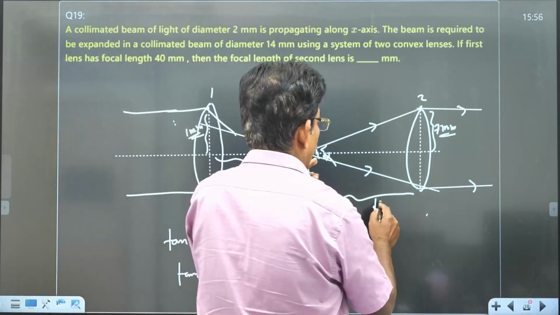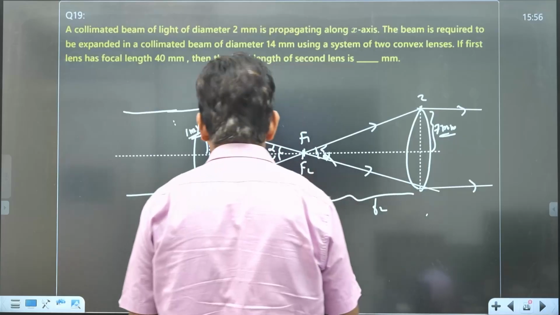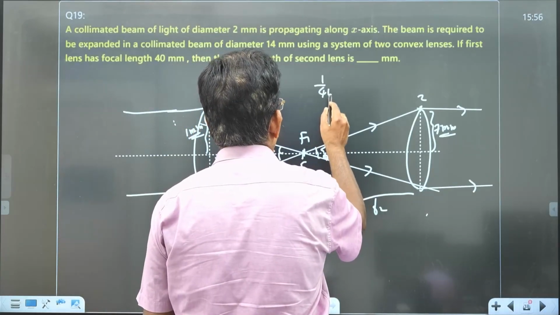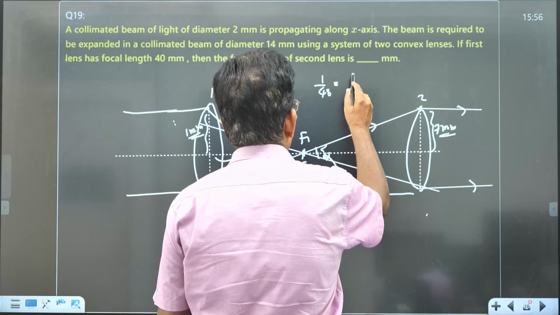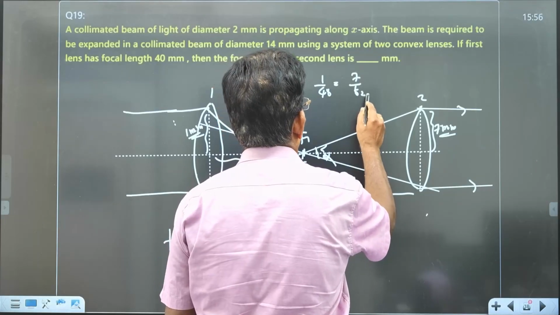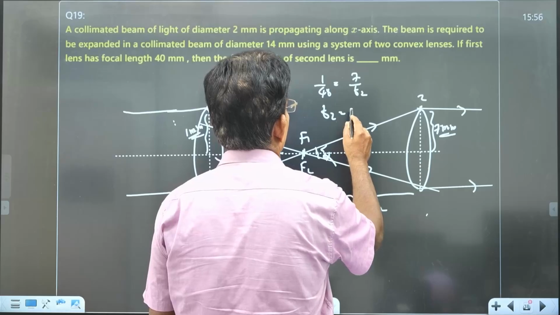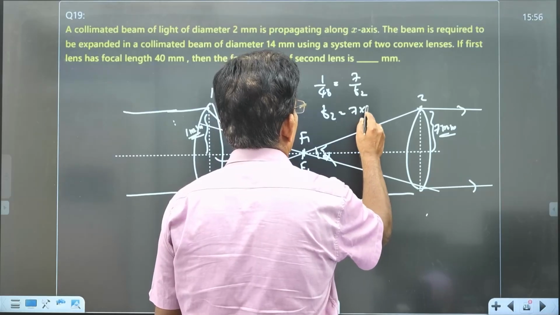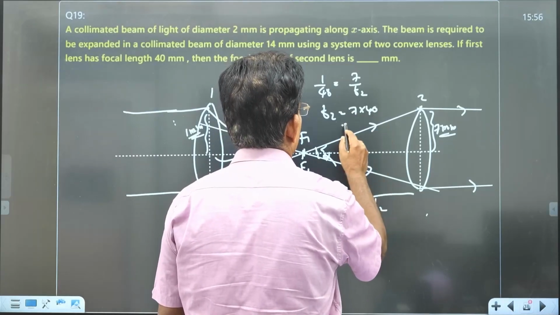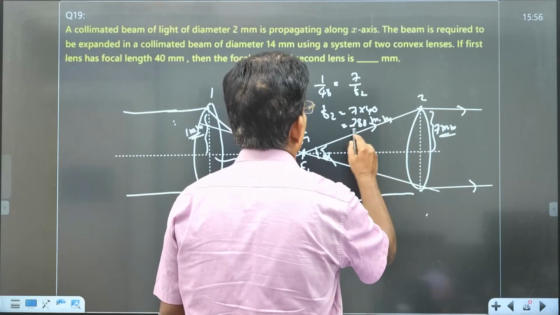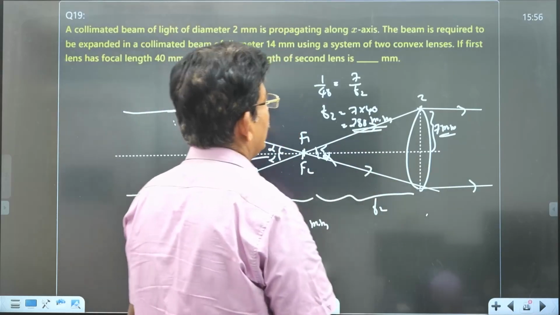Second case, F2 we have to calculate, this is 7 millimeter. Now, equating, 1 by 40 is equal to 7 by F2. Therefore, F2 is equal to 7 into 40, that is equal to 280 millimeter. Your answer is 280 millimeter.